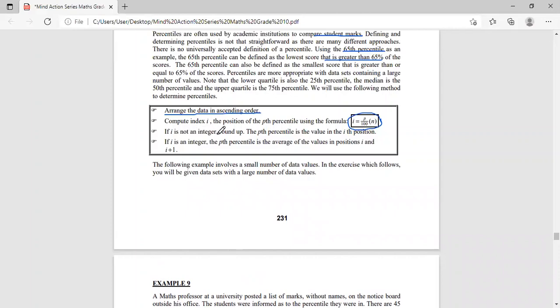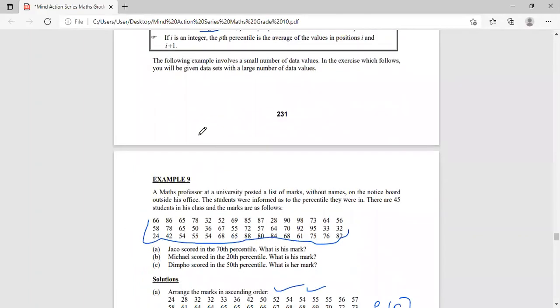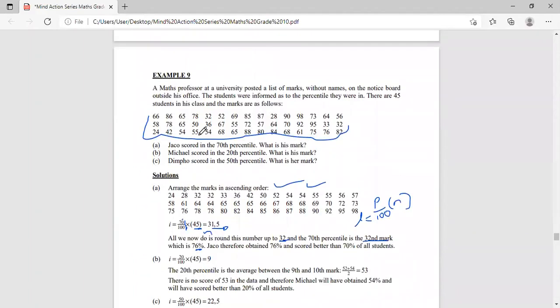If it is not an integer, examples of integers are whole numbers, natural numbers, and negative numbers too. So this is a decimal, it's not an integer. Integers are not defined by decimals. So you round it up, so it was rounded to 32, because 5 rounds up.